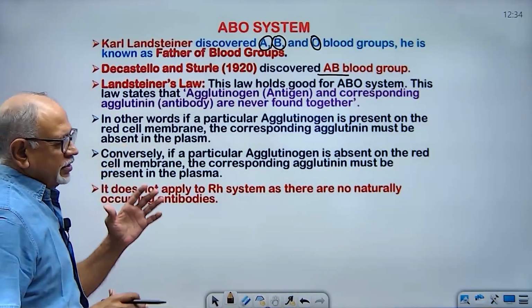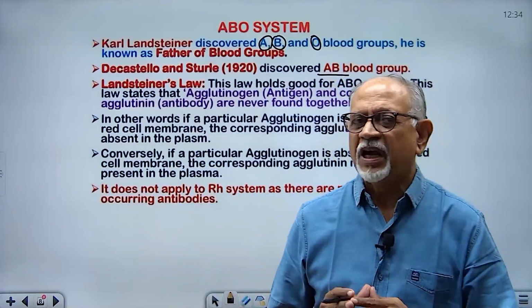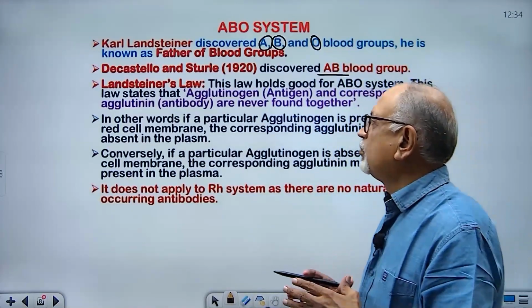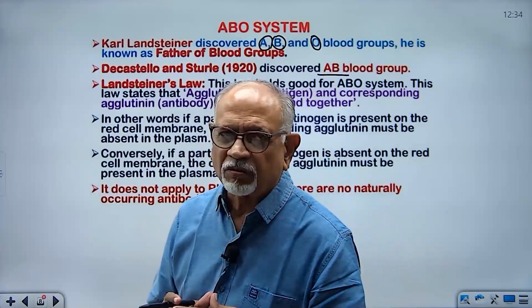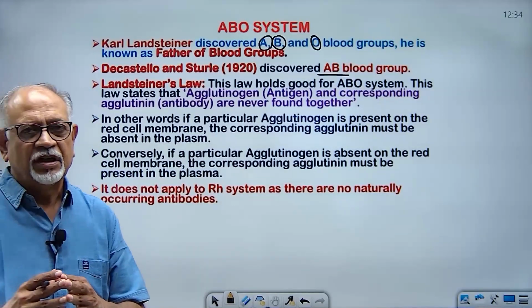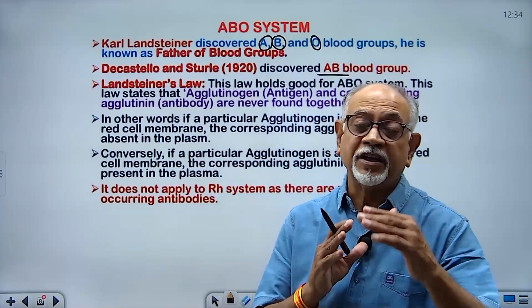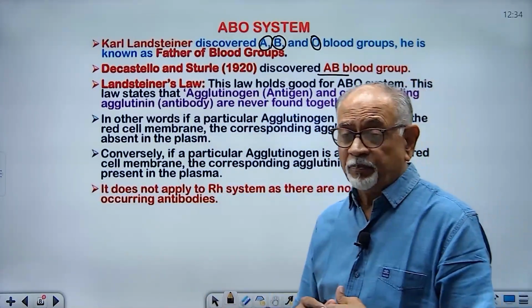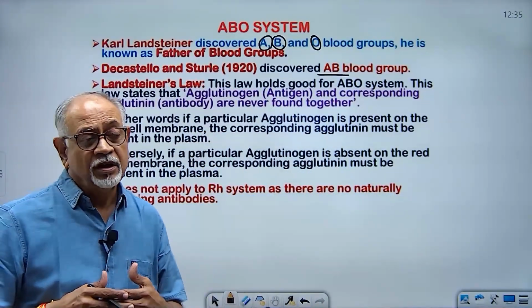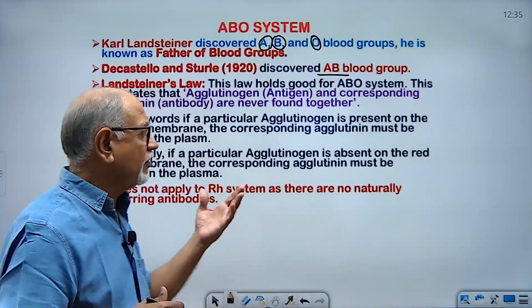Now, the definition of blood groups and their identification is governed by a law called Landsteiner law, which states that a particular antigen cannot occur with its corresponding antibody, or if a particular antibody is present in the plasma, the corresponding antigen cannot be there on the surface of RBC.